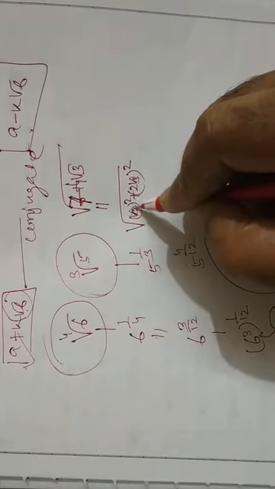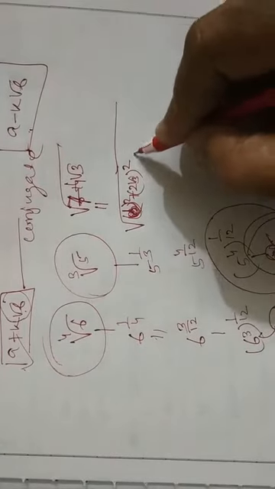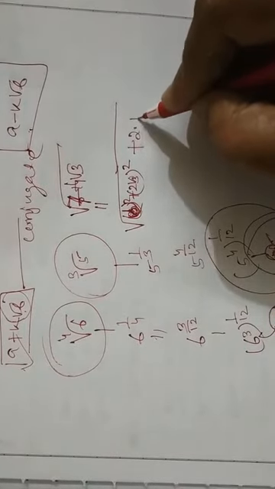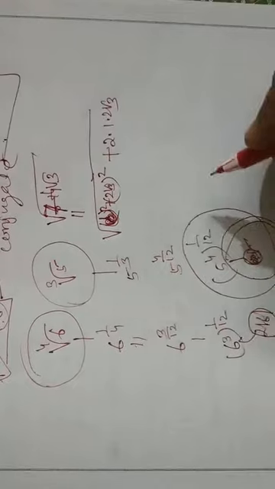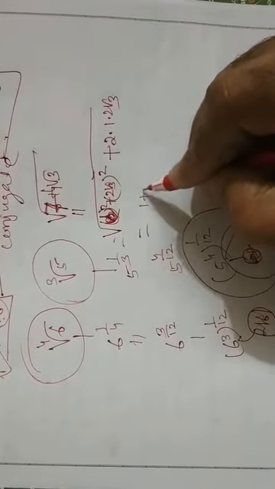Getting the idea? 1 square plus 2 root 3 square plus 2 into 1 into 2 root 3. Any difficulties? So this is same as 1 plus 2 root 3.